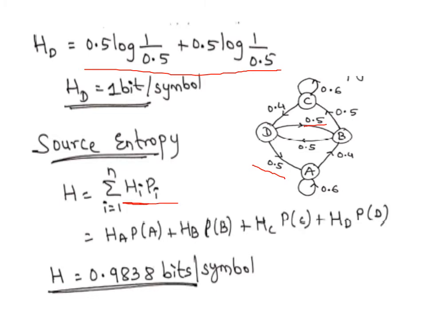So n value is 4 because we have 4 states A, B, C, D. Hence the expression reduces to H of A into probability of A plus H of B into probability of B plus H of C into probability of C plus H of D into probability of D. On substituting state entropies and the state probabilities, we obtain H value as 0.9838 bits per symbol.